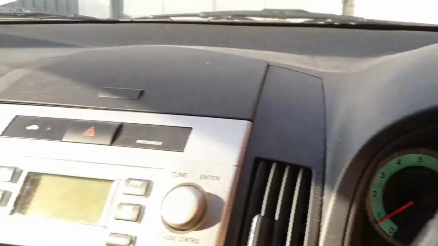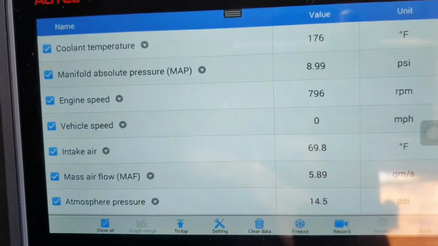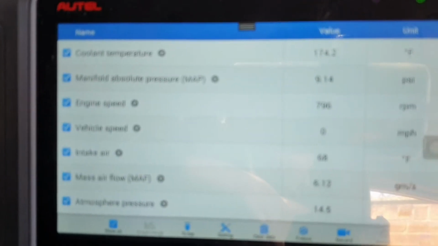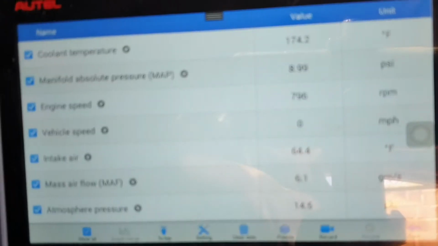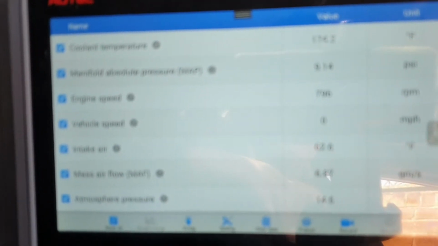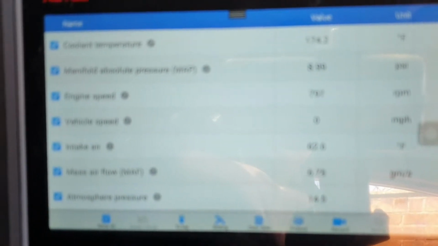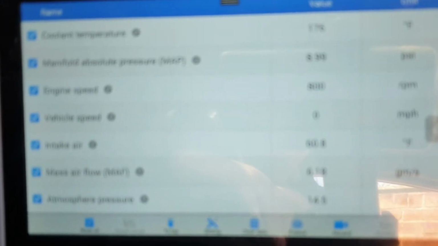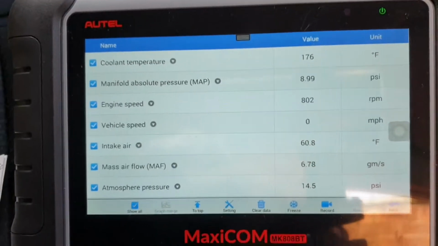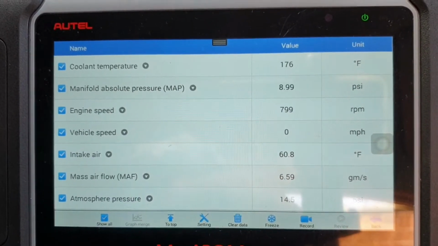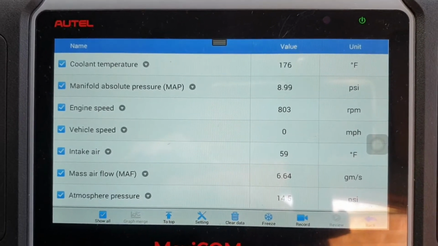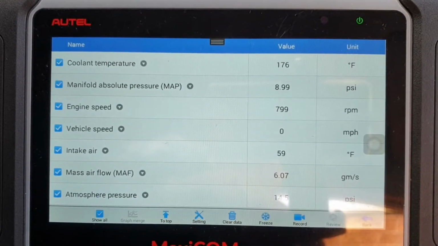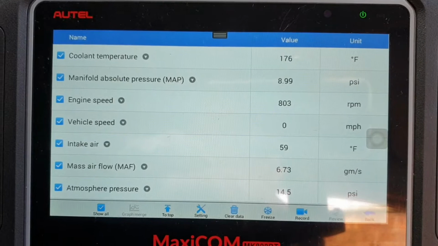So I have started the engine, and as you can see, manifold absolute pressure drops to 8.99 psi.